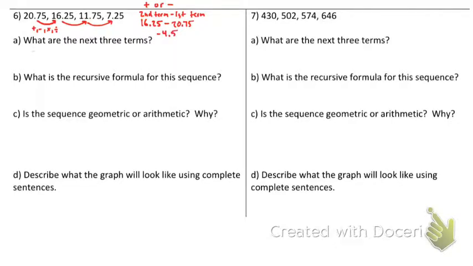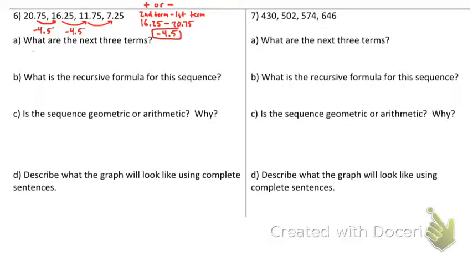Okay, so this could be a possibility. So what it's saying is, if adding and subtracting is the way to go, we are subtracting 4.5 every time. Okay, so we would then test that.